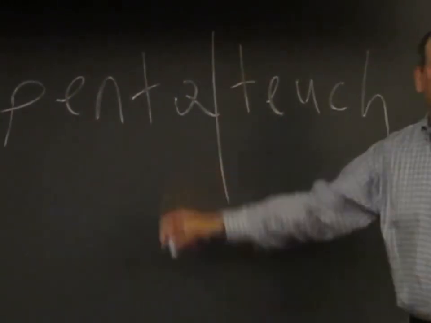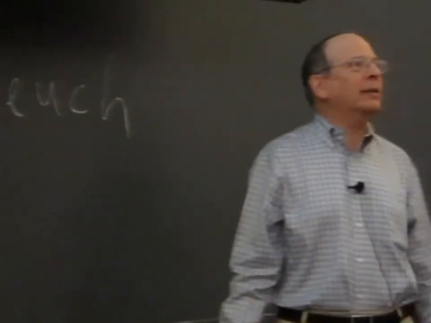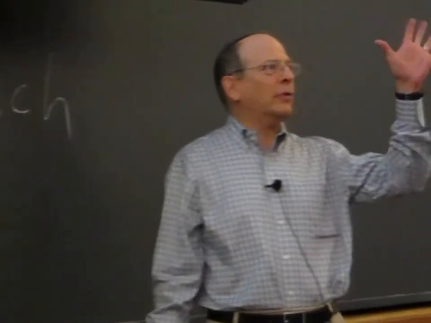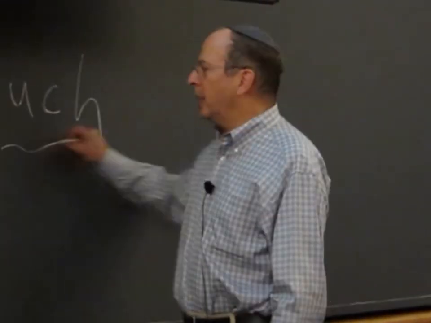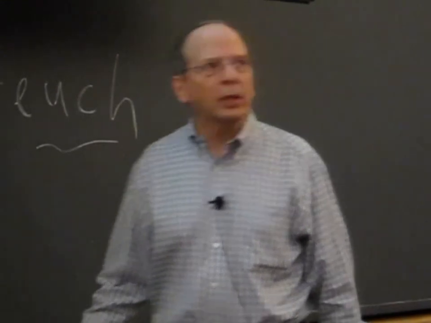Okay, there's one word in English, but it has two parts in Greek. Penta, like pentagon, right? 5, and teuchos in Greek means rolls or scrolls. So the Torah is also called the 5 scrolls, or the 5 books, the Pentateuch, because it's 5 books, Genesis to Deuteronomy. The Christians have this same part of the Bible in their Bibles.